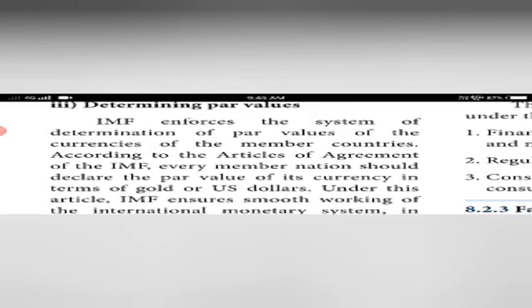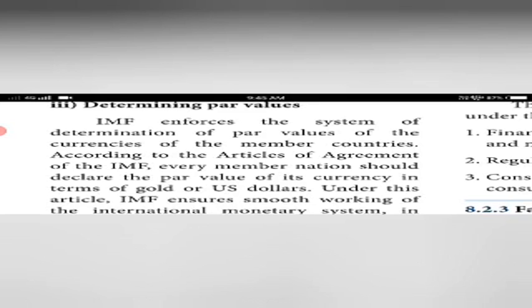According to the articles of agreement of the IMF, they have some rules, regulations and laws, and they maintain their articles and agreements. According to the IMF articles, every member nation should declare the par value of its currency in terms of gold or the US dollar. The 189 countries should declare their currency par value in terms of gold, maybe a dollar.